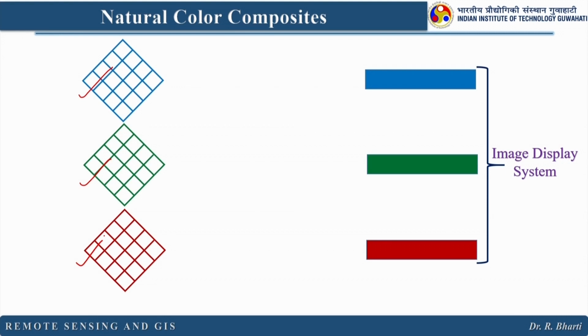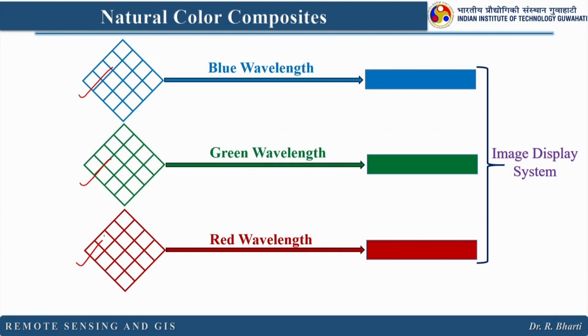Now, if you are assigning blue to blue, green to green and red to red, then they are known as natural color composite. So, here basically we are assigning same color to the same wavelength. That is why it is known as natural color composite.